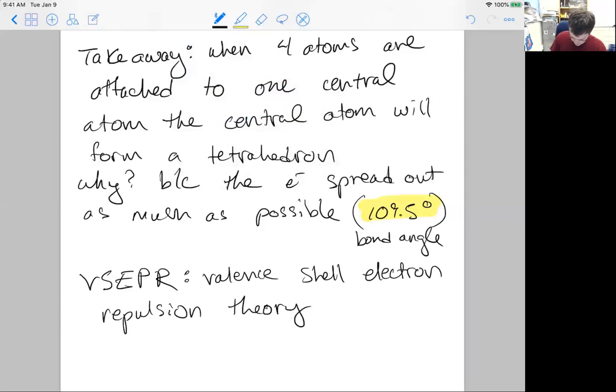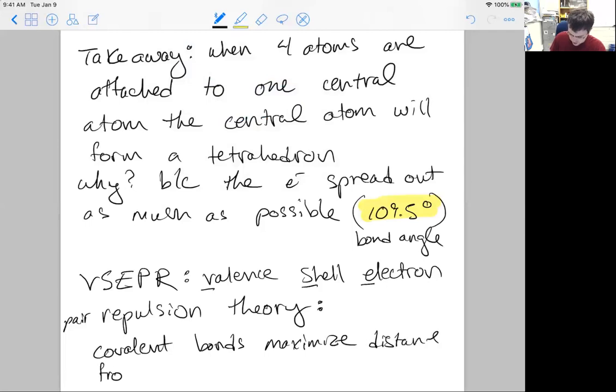So you can see kind of valence, shell, electron, and it's pair probably, electron pair repulsion theory. So what this is saying is that covalent bonds maximize distance from other covalent bonds. And that's what we've been trying to emphasize here.